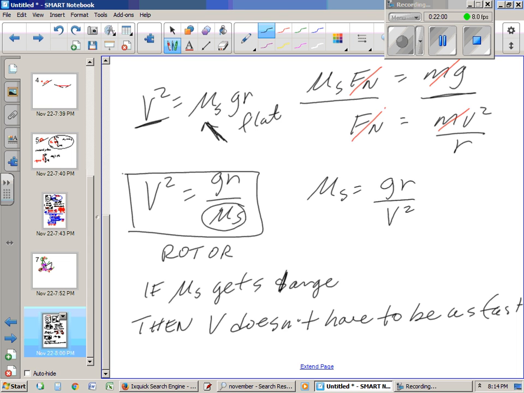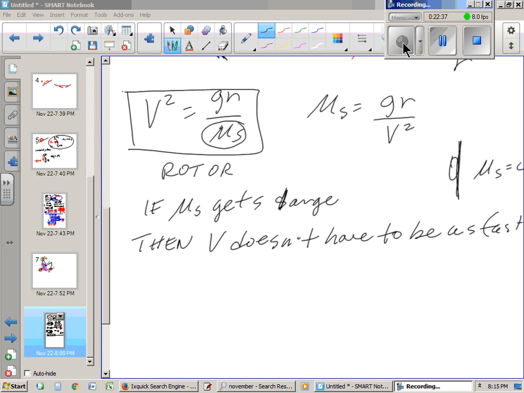So if you have the wall on the rotor and you have your penguin up on the wall, if you had a higher friction, you wouldn't need to spin the rotor as fast. If you had a lower friction, you'd have to spin it much faster. In fact, if there was no friction here, you would have to spin him at an infinite speed to get him to stick to the wall, because there's no way he'd be able to do that just as a nice flat-backed penguin.